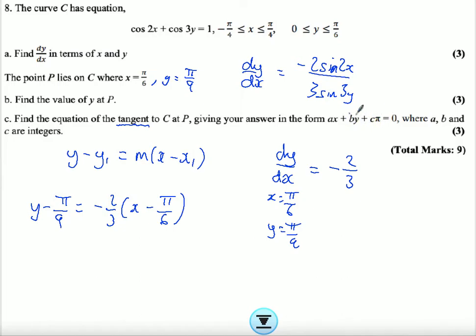And we want it in this form here where a, b and c are integers, so let's just multiply everything by 3. No, let's go for 9. Let's go for 9 to begin with. Does that make sense to go for 9? Yeah.